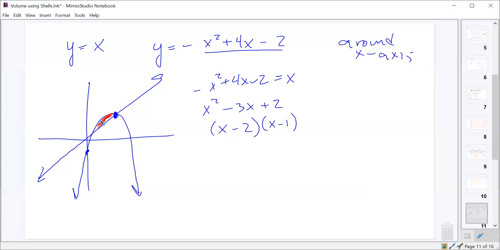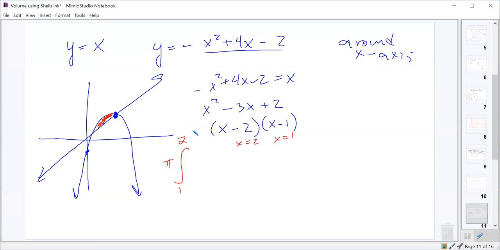Is that region fully pushed up against the x-axis? No. So if it's not fully pushed up against the x-axis, what do we need to do? We need to do washers. So this should be an integral with pi out in front from the intersection points, which we found to be 2 and 1. So from 1 to 2 of the outer radius squared.